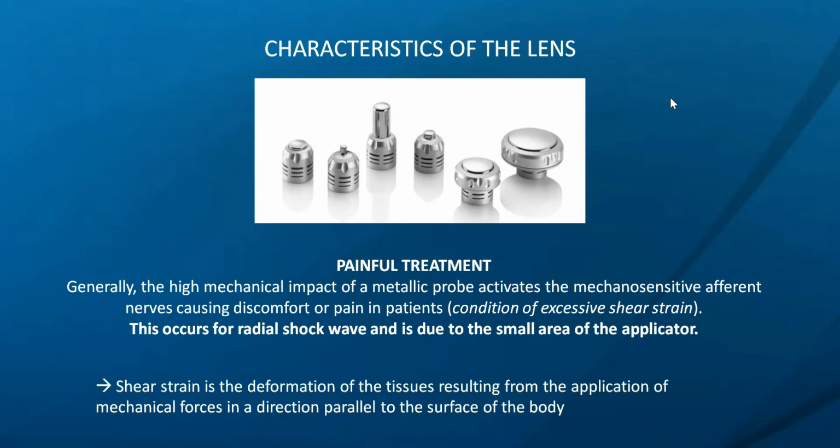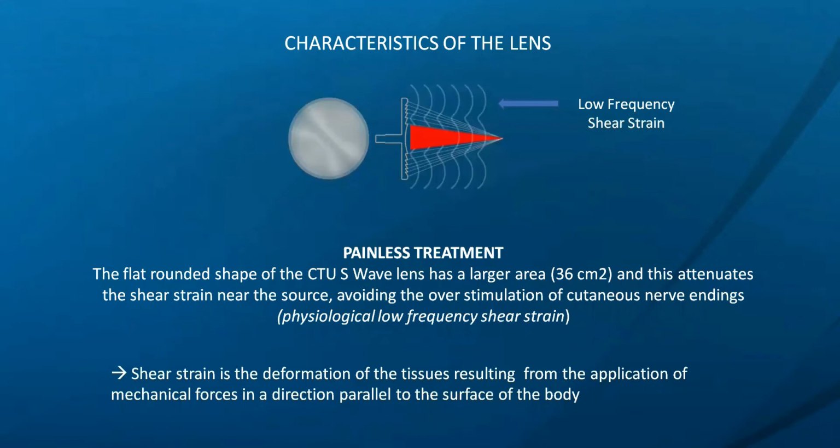But a great part of the strain is the deformation of the tissue resulting from the application of a mechanical force in a direction that is parallel to the surface of the body. So we can see the difference in the shape of the mechanical probe of the radial shock waves, and the lens of the CTU shock waves, which is larger.